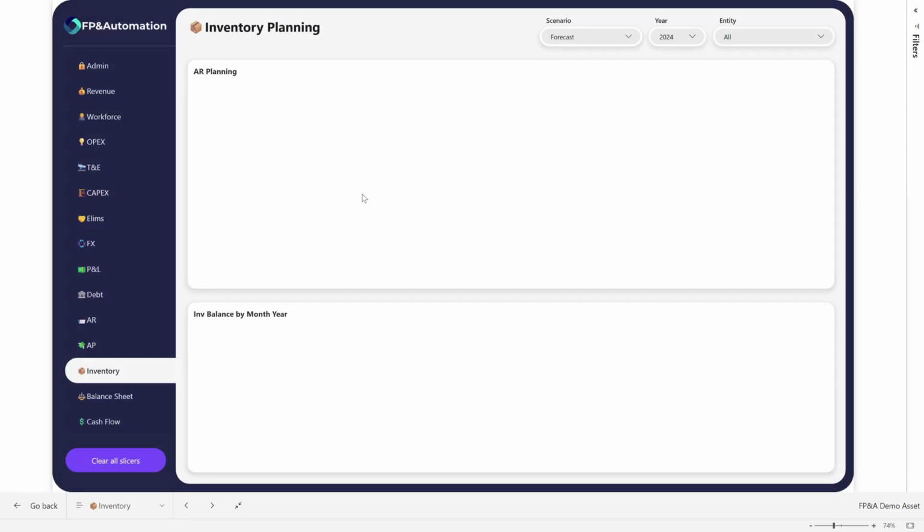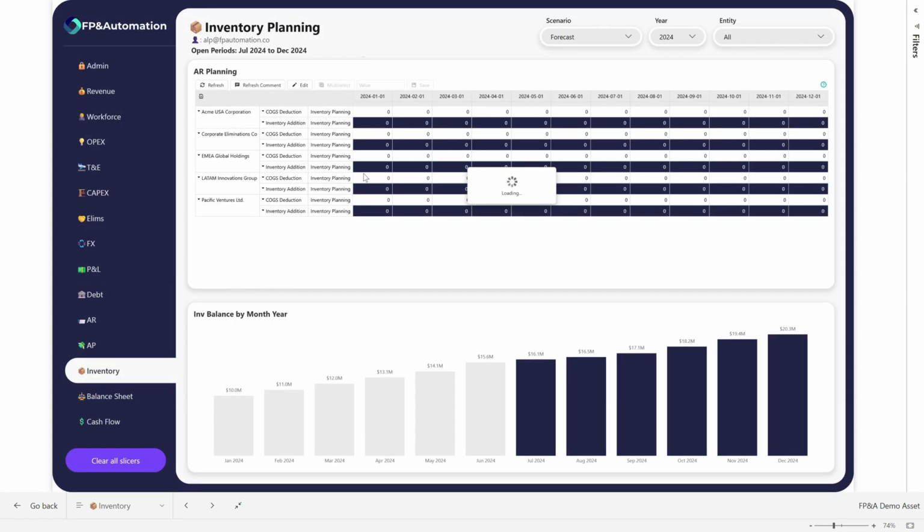And on the flip side, we also have the inventory side where inventory can be managed from a cost of goods sold perspective. So if there's any sort of inventory additions or potentially cost of goods sold deductions, you can easily plan those on here and then start to slowly trickle down your cost of goods sold planning over time.